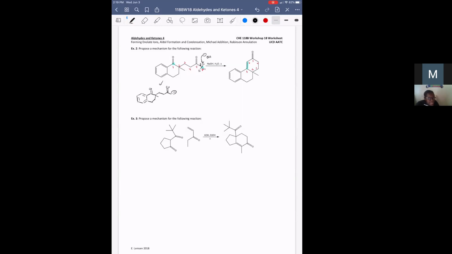And you can imagine that as we push electrons, we get a new bond forming. So we can think of our new bond as forming between our negatively charged carbon, so between carbon 6 and carbon 1.